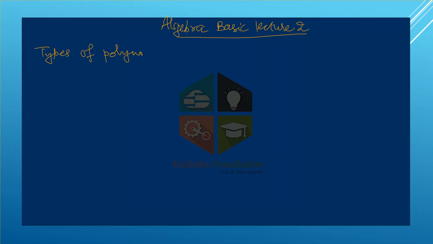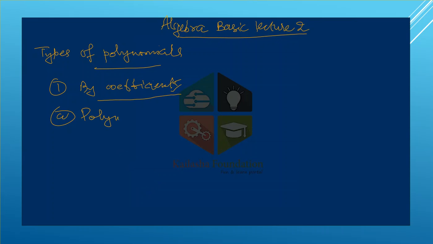Polynomials are classified under many heads, and the first basis of classification is by coefficients. By coefficients, we classify polynomials in three kinds. The first one is polynomials over the set of integers.